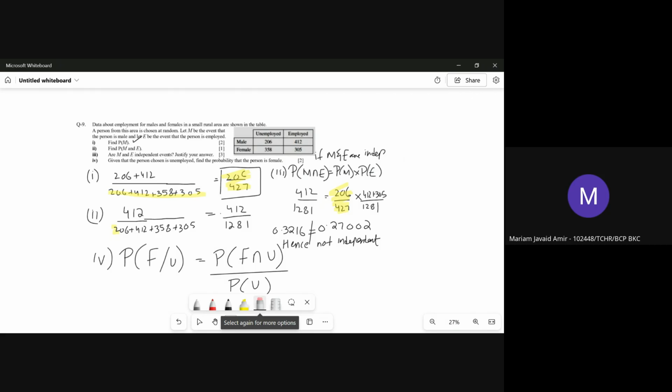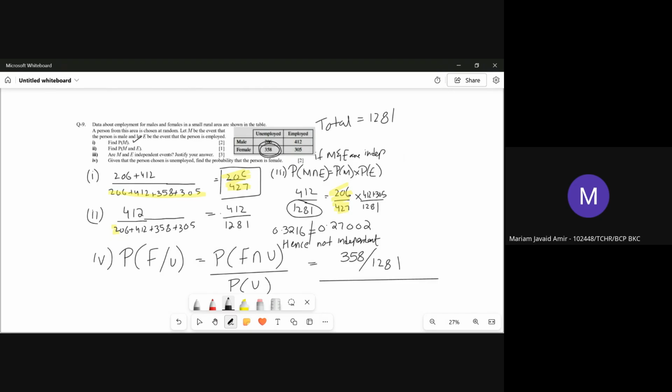How many females are unemployed? It's 358. So 358 divided by the total number of people, 1281. So probability of choosing a female that's unemployed is 358 upon 1281. That's going to be the numerator.